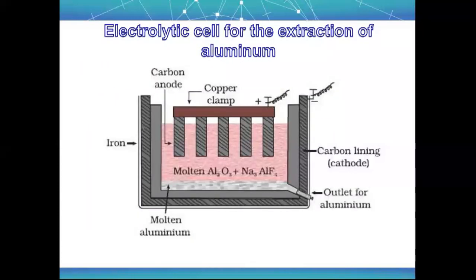So electrolysis means breaking down of your compound by using electricity. But apart from electricity, we keep one thing in mind, which is the electrode, because the electrode plays an important role.